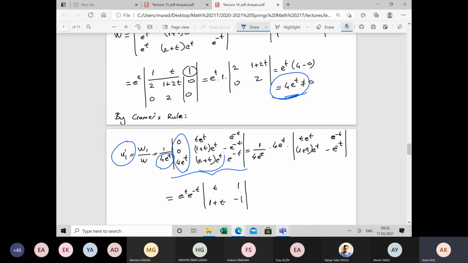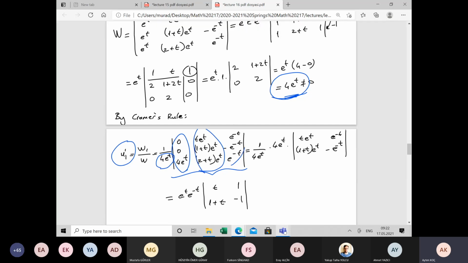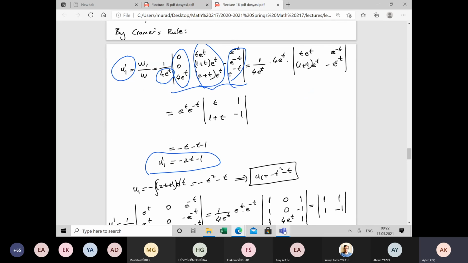The last columns stay the same. So we obtain this one. U1 prime is equal to this one. How to obtain u1? Integrating both sides, we obtain u1 is minus t squared minus t.